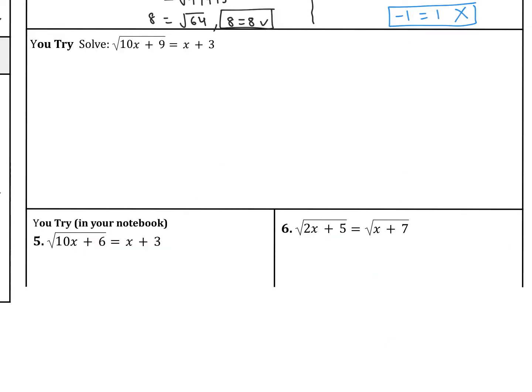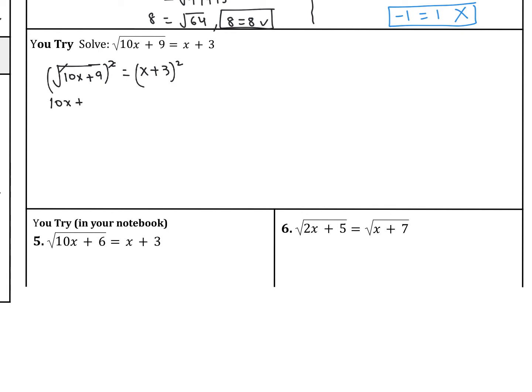Next, we are going to use the you try problem to see if we have understood the topic. To solve the next question, we are going to take a square on both sides to get rid of the square root, and we are going to do the FOIL on one side.